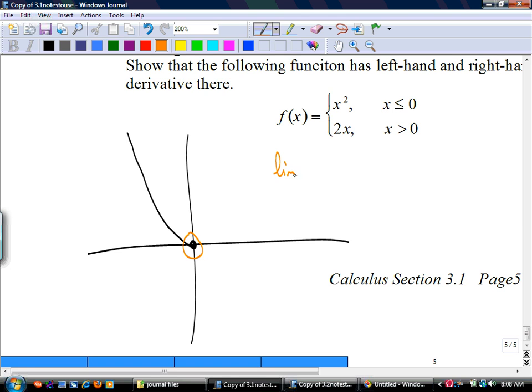The limit as h approaches 0 from the left of f of x, it's 0. Tell me about the slope of that function.